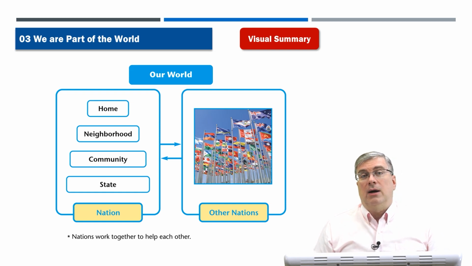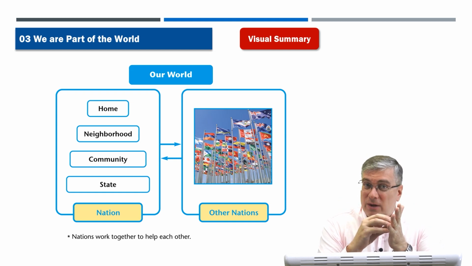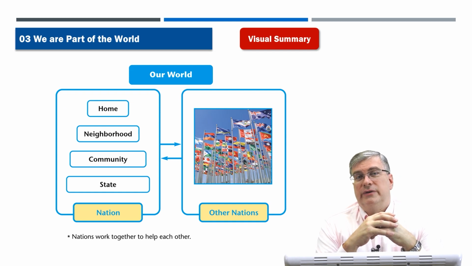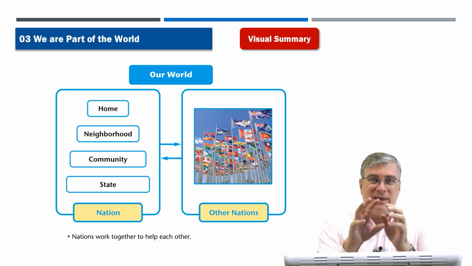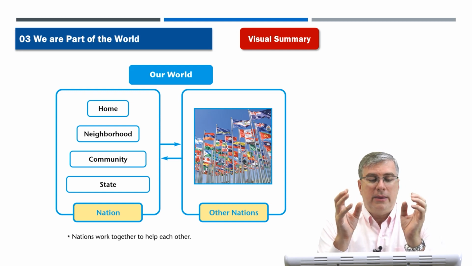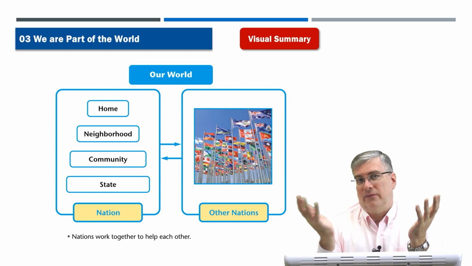A state. Now, different countries will divide the area inside their country using different names. Some countries use the word province, for example, to divide their nation into different areas. In America, they use the word state, of course, United States of America.